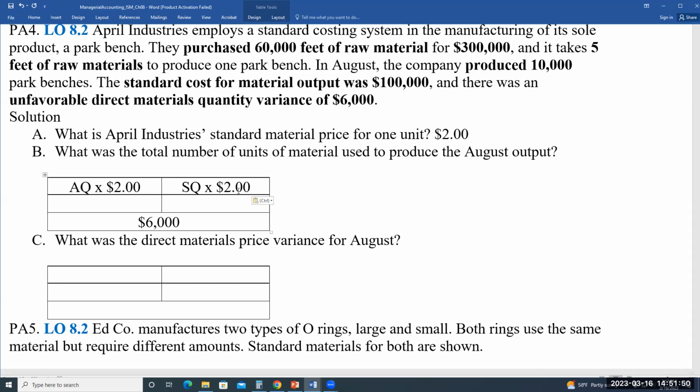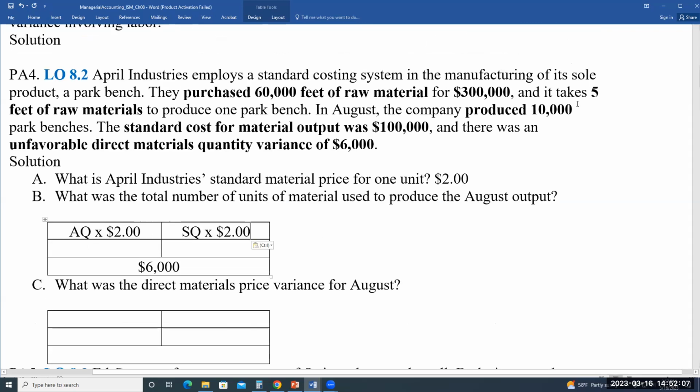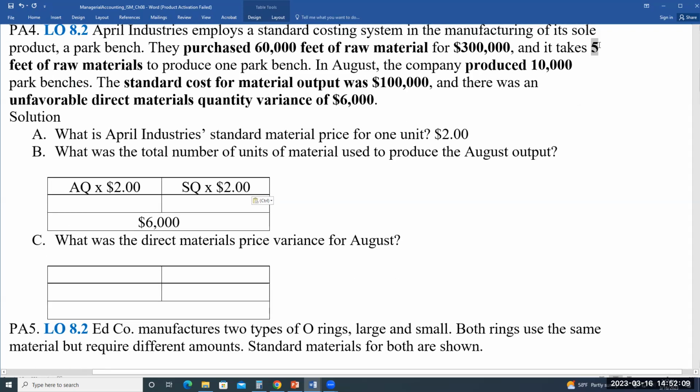What is the standard quantity of materials to make 10,000 benches? Yep, 50,000 feet, right? Because it's 5 feet per bench times 10,000 benches.